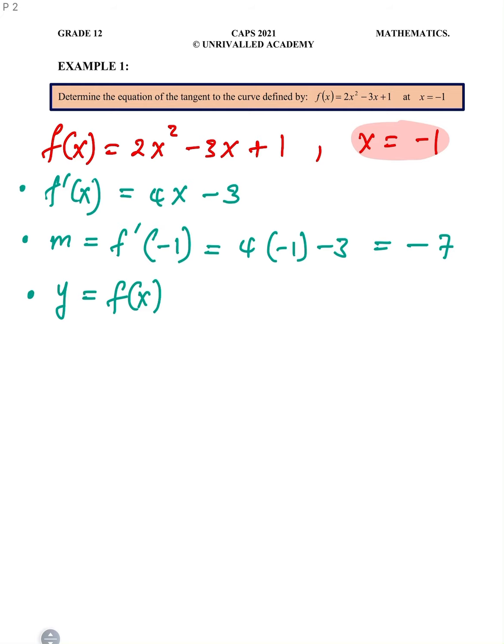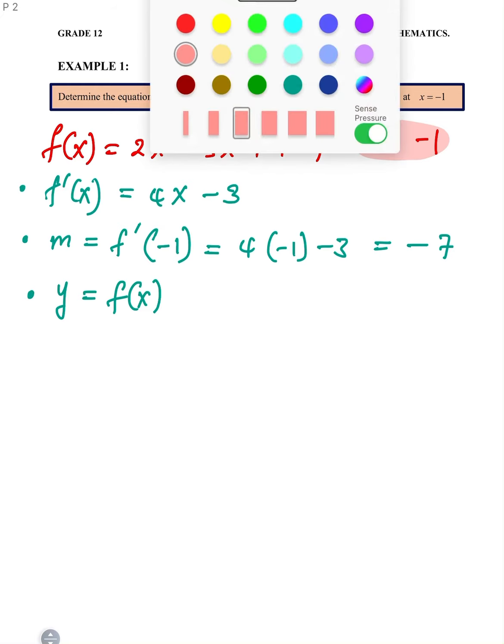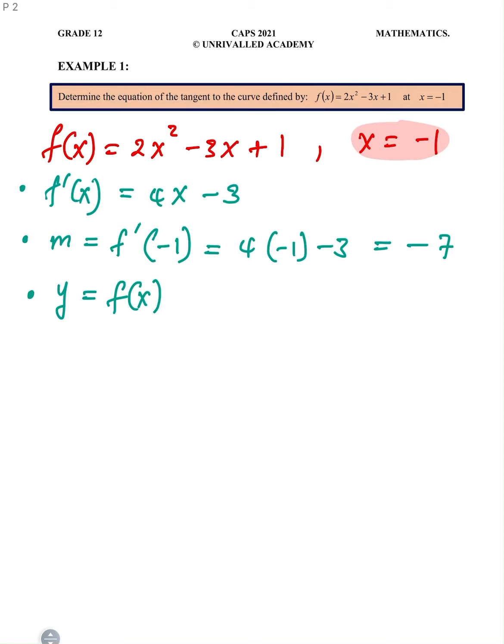So this x right here is basically the input of that particular x at a point of contact. So I'm going to substitute that x of -1 into the curve itself, because this is the curve. It's not the f prime, it's the curve itself.